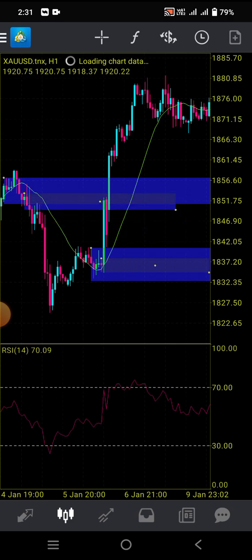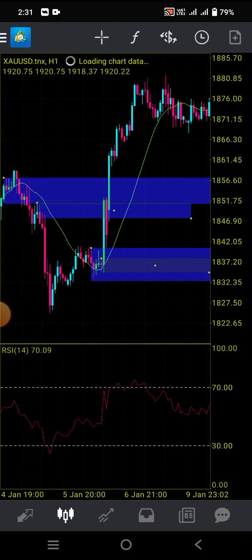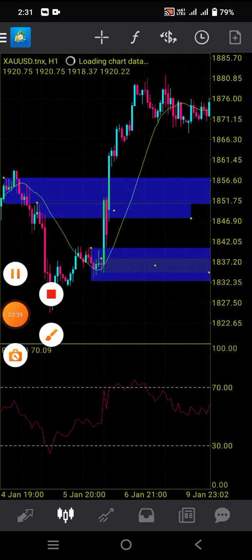Mark this simple engulfing sell, or mark this, no problem. I mark this. Now this 670 pip zone becomes only a 30 pip zone. A 30 pip zone is good for us for buy entry.